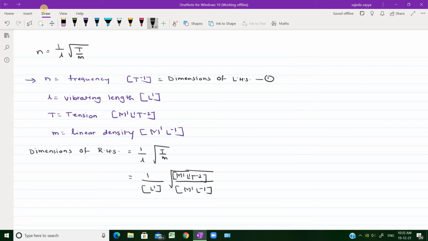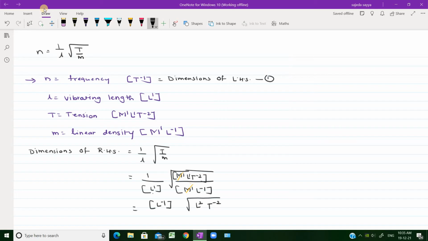Let us simplify it. Here this M1 cancels with this M1. L raised to minus 1 shifts to the numerator. It becomes L raised to plus 2. Therefore, that comes out to be the dimensions of RHS: this L raised to 1 shifting to the numerator, it will be L raised to minus 1. Here it is a square root, inside the square root it is L raised to 2 T raised to minus 2.